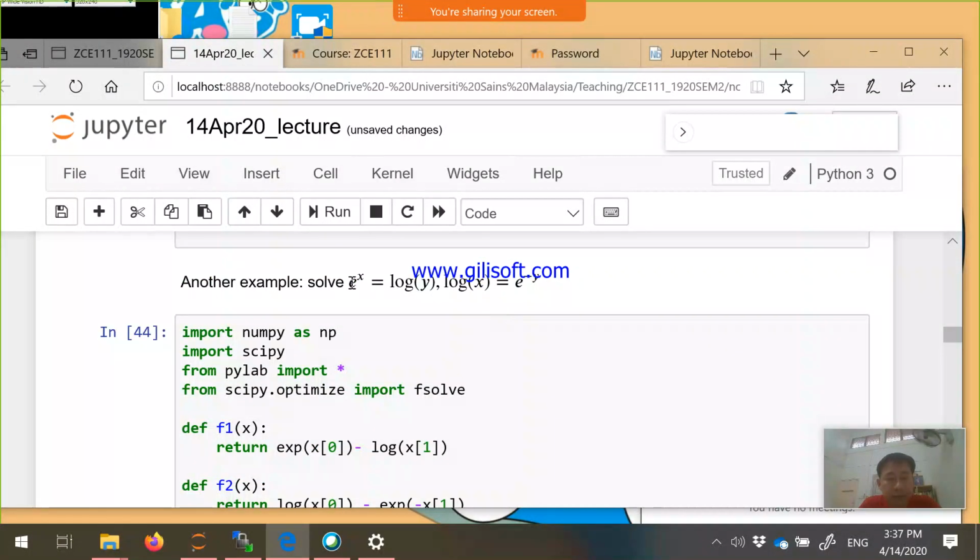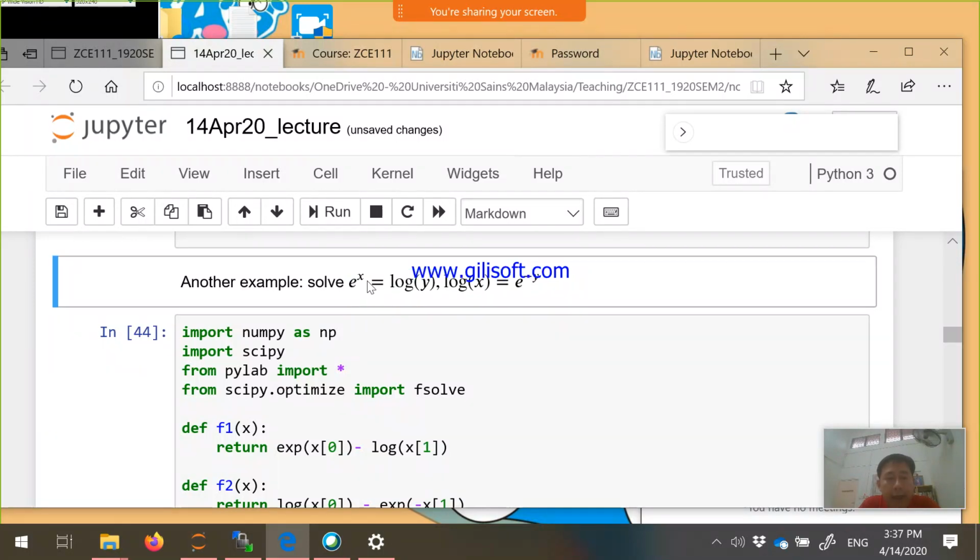Now then another example is this. Let's try to solve e to the power x equals log y, log x equals e to the power minus y. Okay, so again, this is a simultaneous equation that has two variables, which is x is the first variable, y is the second variable. So you have two equations and two variables.